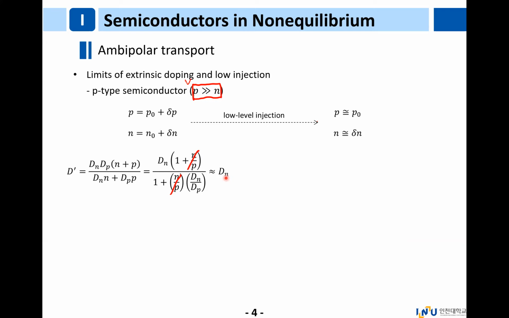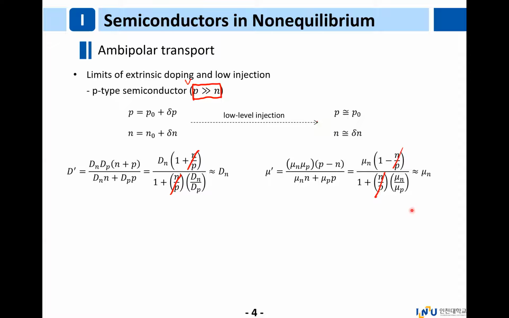And similarly, when we apply the condition that P is much larger than N to mu prime, only the term related to the mobility of electrons is significant.